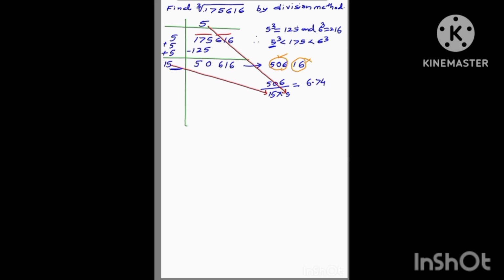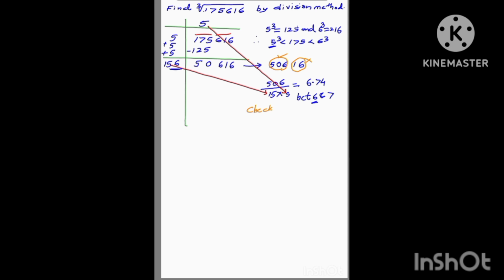This number is between 6 and 7, so we consider the lower digit in the beginning. It does not mean this is the final answer. You have to check whether 6 is the correct answer. In the beginning I am writing it there, after that 15, and now I am checking for 6. You have to always do this. Okay, this is a very nice method.